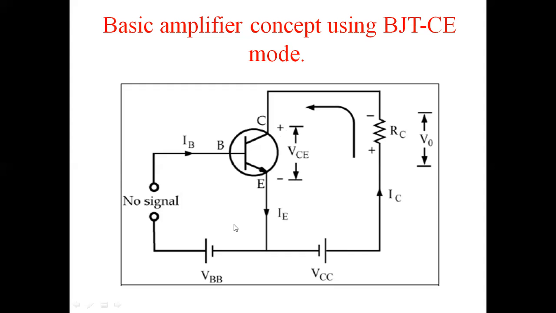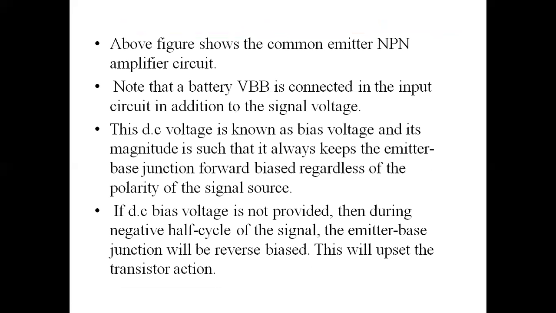So the transistor remains in the active region throughout its operation during all parts of the input signal. The input signal is applied to the base emitter circuit and the amplified output signal is taken across the resistance RC or RL. We can also connect a load resistance, that is RL, at this point, and this resistance is known as the collector resistance. Okay.